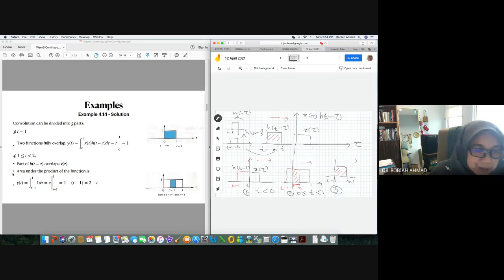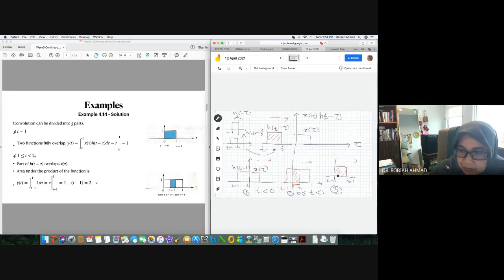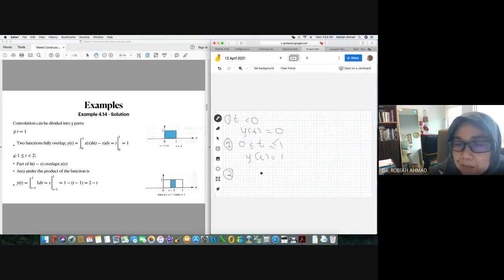So kita dapati di sini bila dia overlap, when it is overlap, the area dia 1 lah, okay. 0 to 1, 1 t, kita akan dapat 1. Case 3, sorry. So case 3, t equal to 1. Ni tadi t. Yes, t. t equal to 1, so our yt will be 1.